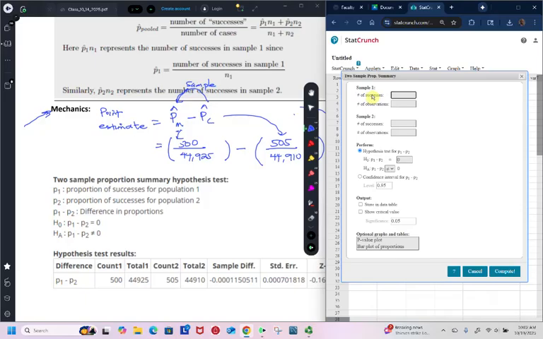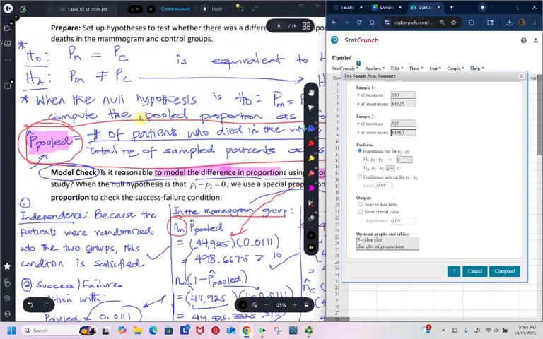In the first sample, what is the proportion of successes, or the proportion of the event or outcome variable of interest? In this case, that's the number of deaths. So we want to see 500 out of 44,925. And in the second group, it was 505 deaths out of 44,910. And our interest is to conduct a hypothesis test for the difference in proportions.